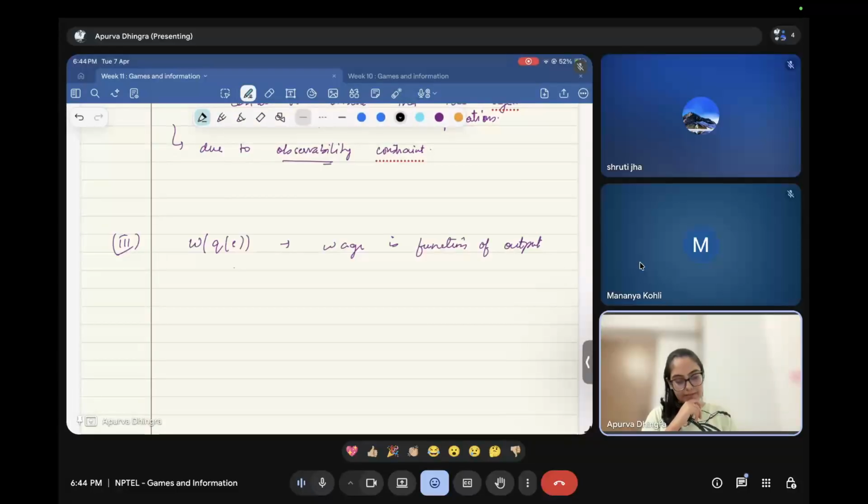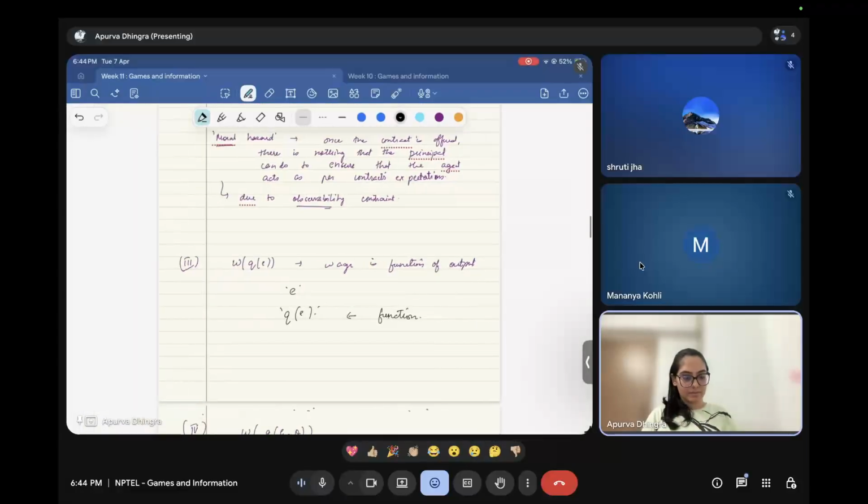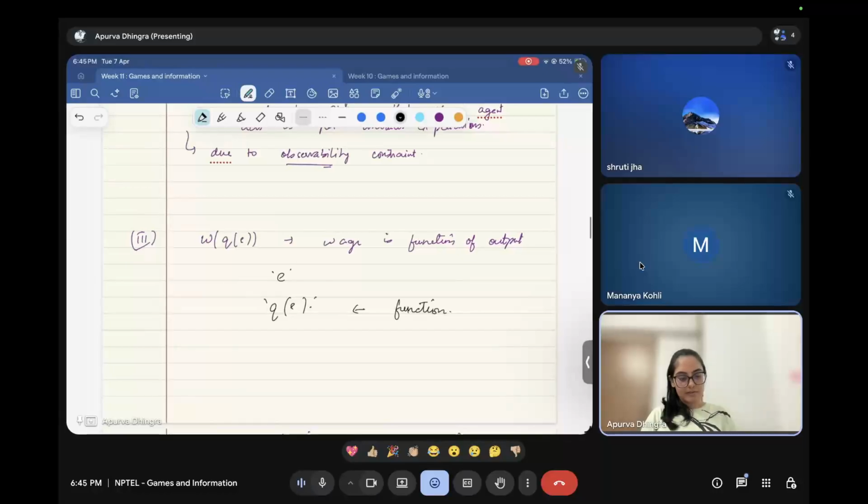Okay. So another scenario is if the wage, instead of depending directly on the efforts, depends on some function of the effort. This one is easy to understand. Efforts can be thought of as the number of hours an agent works.